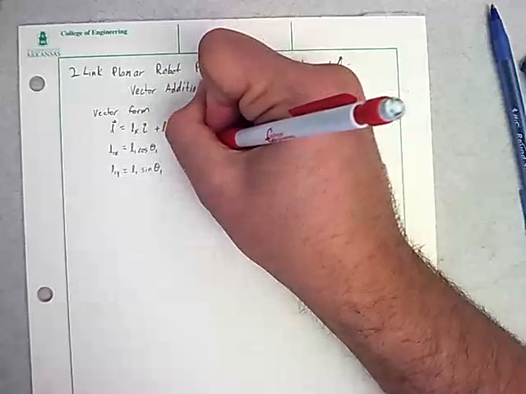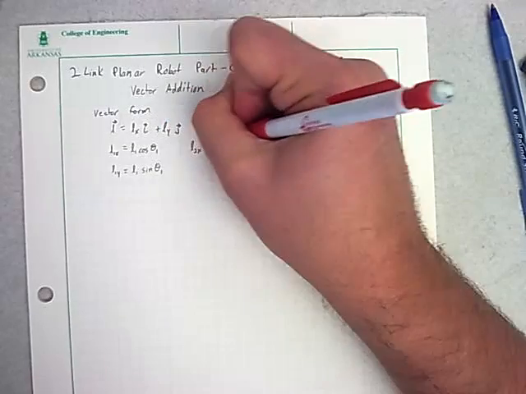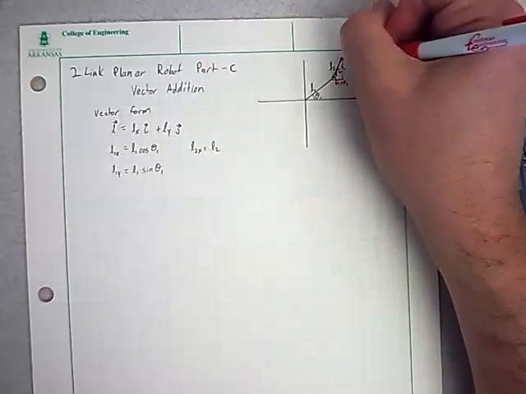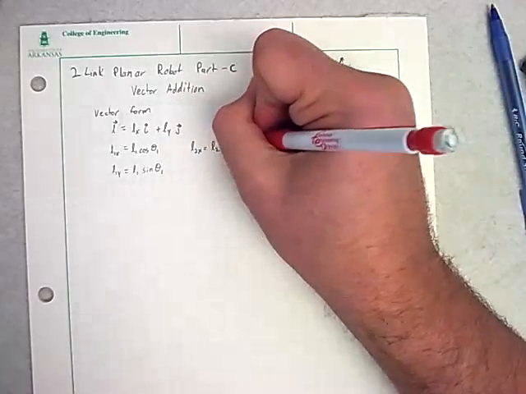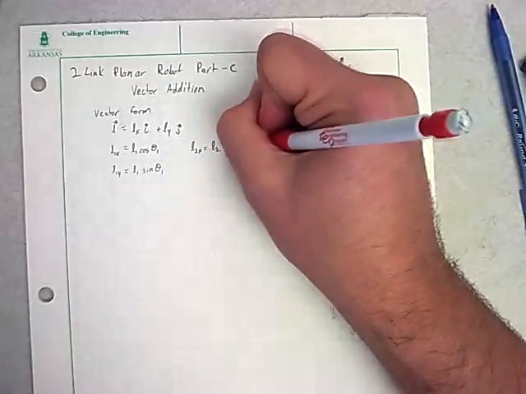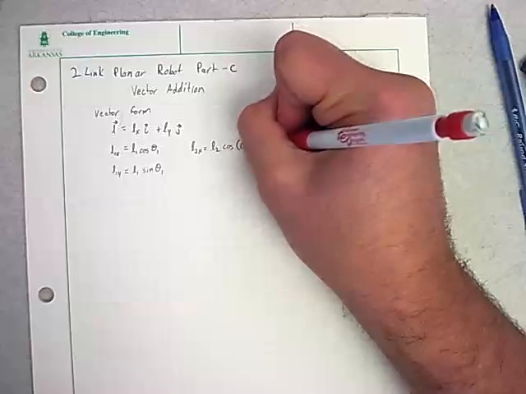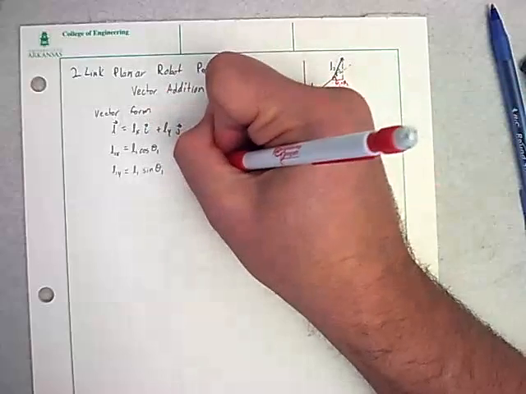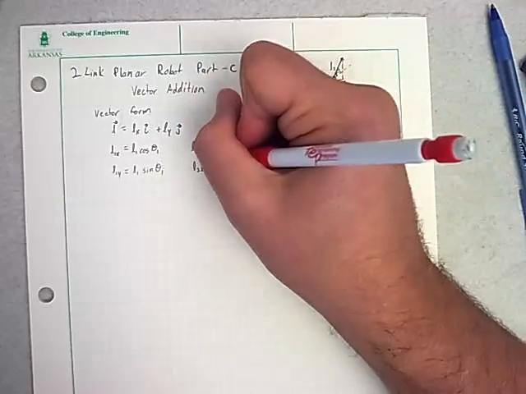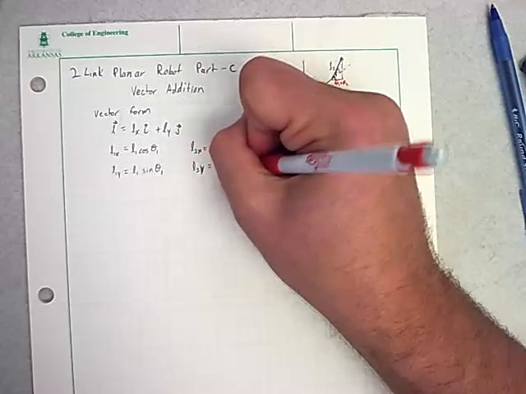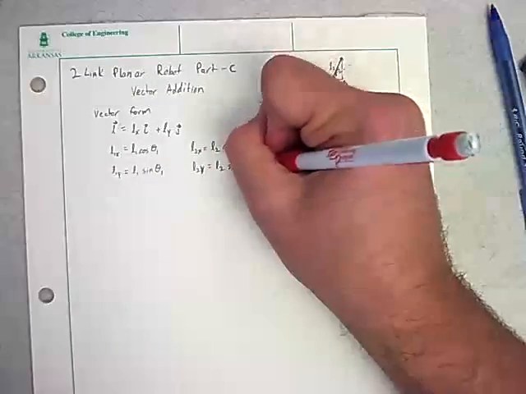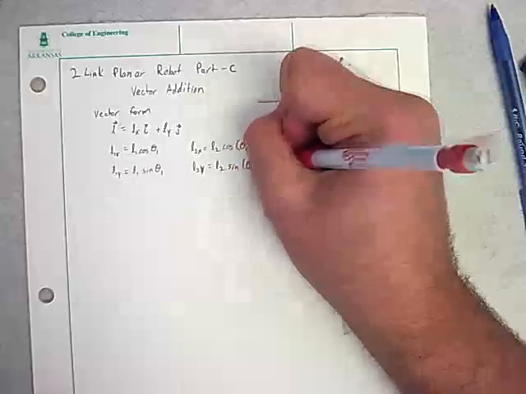For the second one, it's slightly more complicated in that it's that length, but the angle that's necessary is the sum of the two angles, theta 1 plus theta 2. And so L2x, L2y is L2 times sine. And again, it's still the two angles combined that we need to worry about.